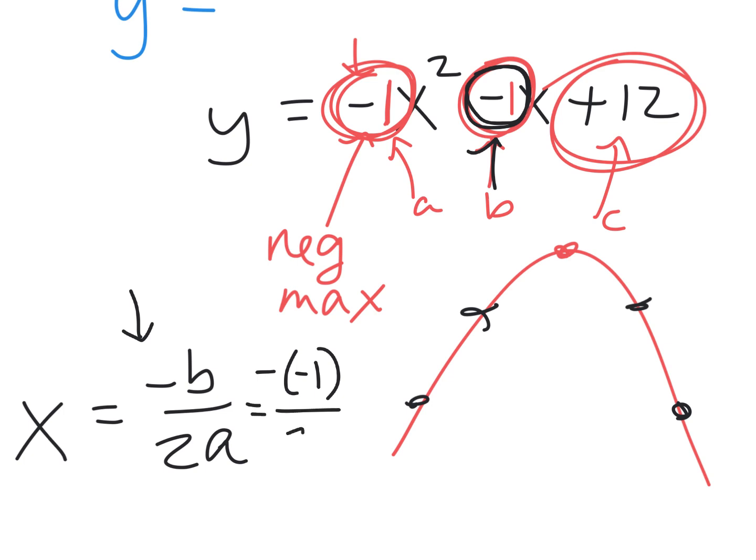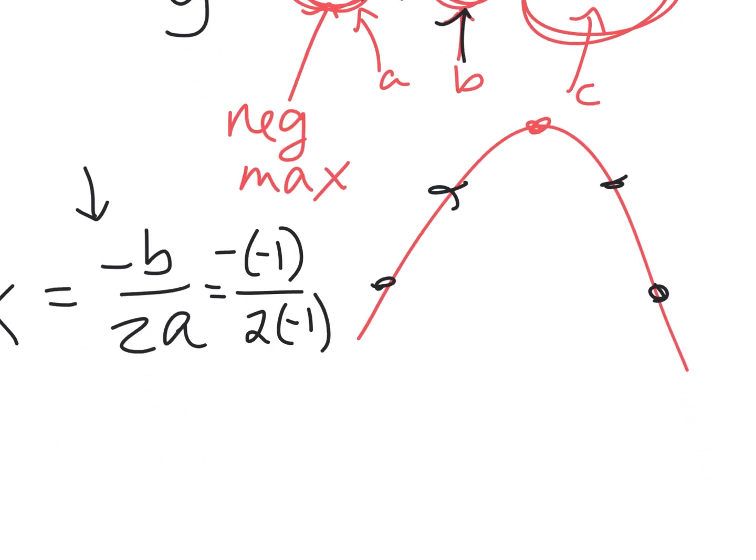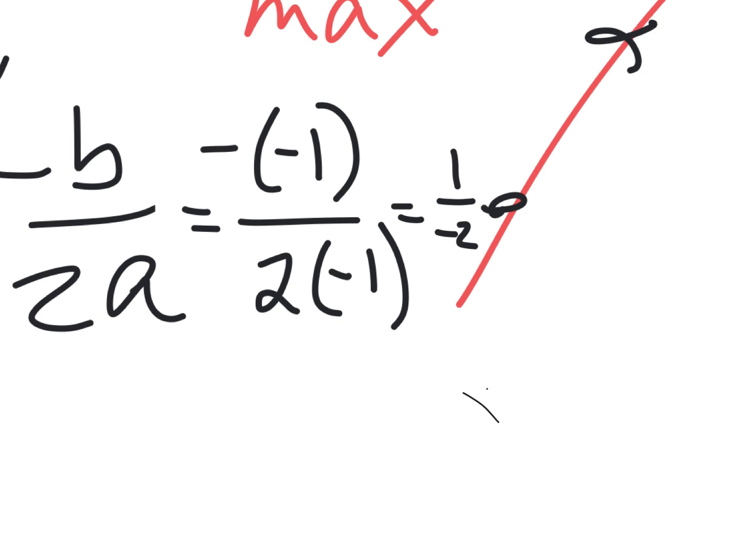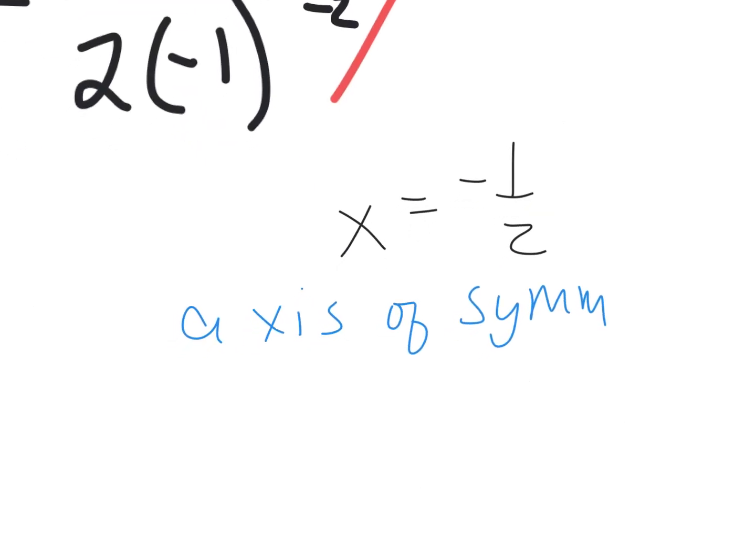Over 2 times -1, because a is -1. And that simplifies to 1 over -2, aka x equals -1/2. Does that look like an axis of symmetry to you? Because it is. That is the x of the vertex, and it came from -b over 2a.